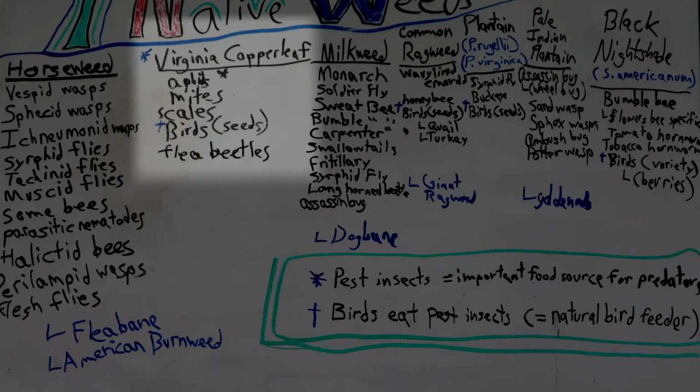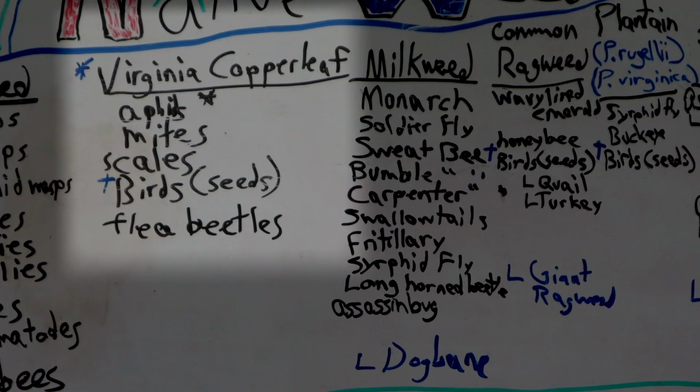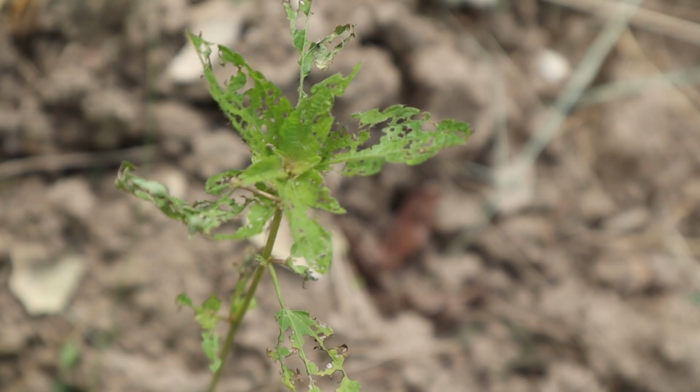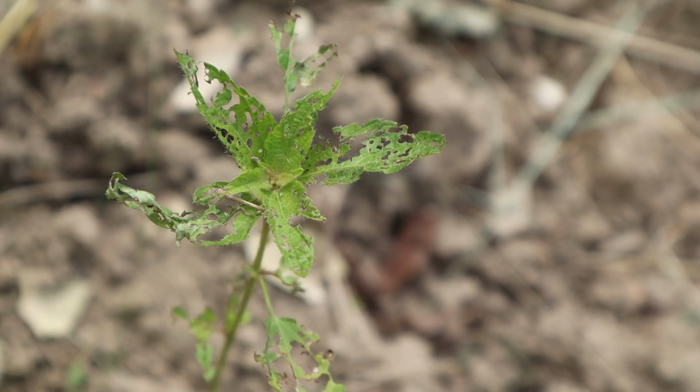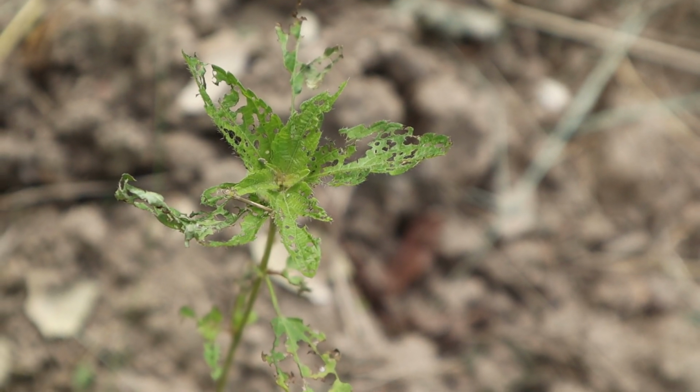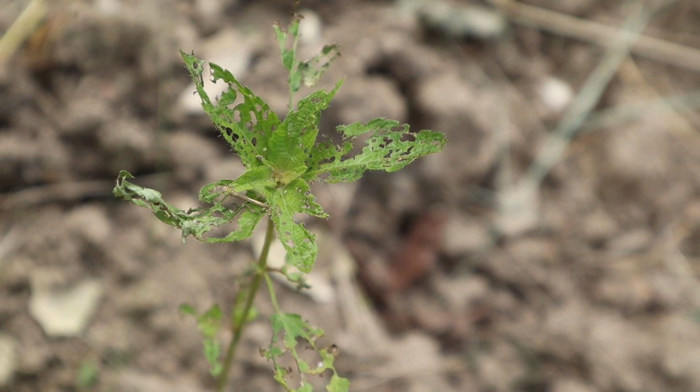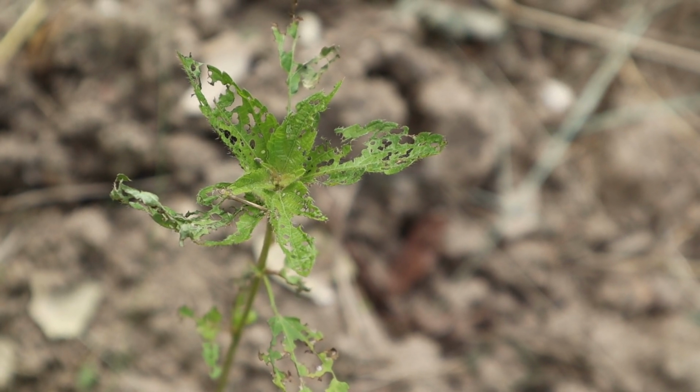And you'll notice on this list that a lot of these insects for this plant are actually insect pests, right? But this plant can be beneficial, where it's going to attract some of the pest insects, such as the aphids, mites, scales, and flea beetles, right?